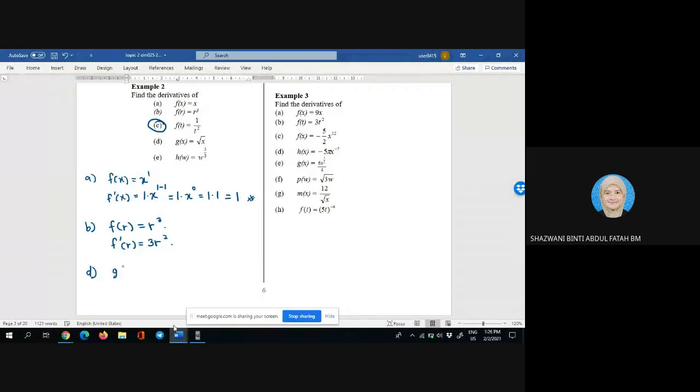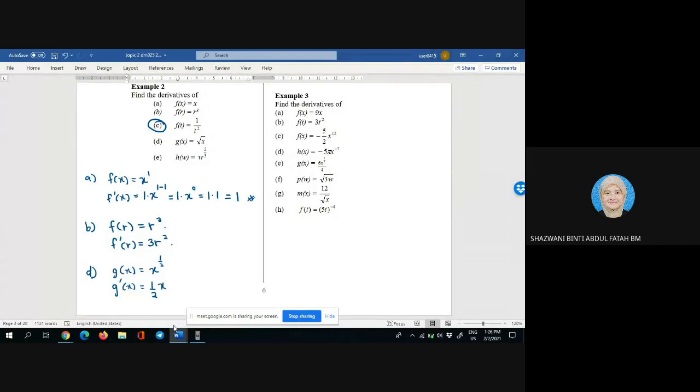Okay, so now you have g(x) is equals to root x. Root x tu power berapa? Kalau root x, 1/2. Okay, so that means x to the power of 1/2. So nak cari g prime x, bawa turun bawah power, bring down the power, copy the function and then minus 1 the power.